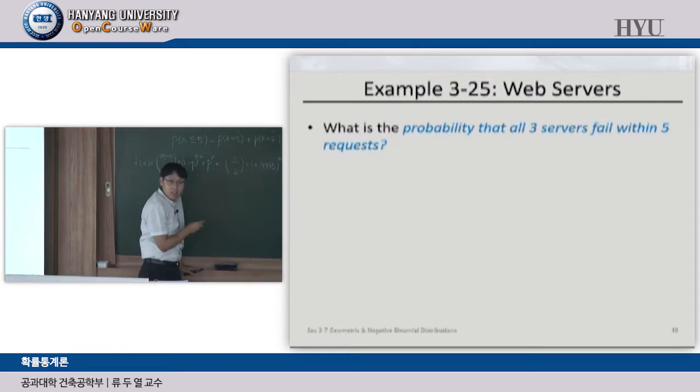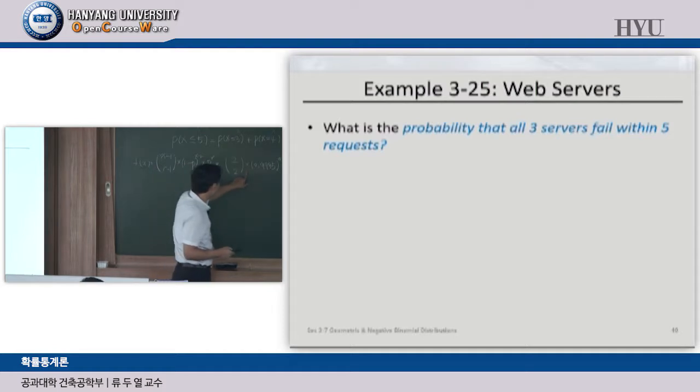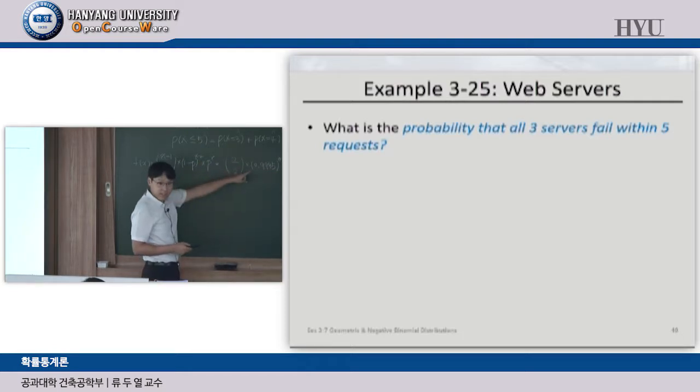For the first case, x minus 1 is equal to 2, and r minus 1 is also equal to 2, multiplied by 0.9995 to the power x minus r, which is 3 minus 3, that is 0.